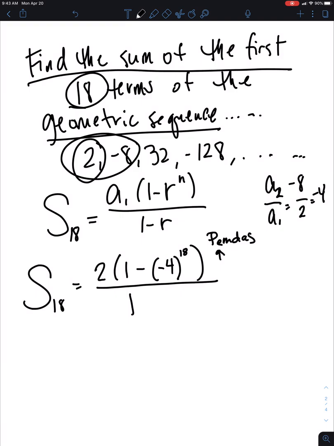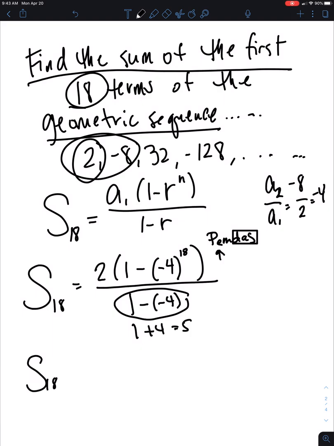Okay, so let's keep going. I got 1 minus -4. Again, this is mostly calculator, but you have to know how to put it in your calculator. This right there can be 1 plus 4, which is 5, because you don't have an exponent. So we do just the addition or subtraction part of PEMDAS. If you're putting this in your calculator, you've got to really pay attention to how you do it.